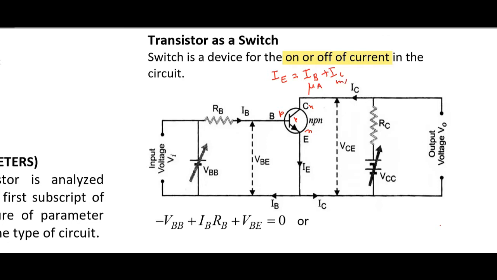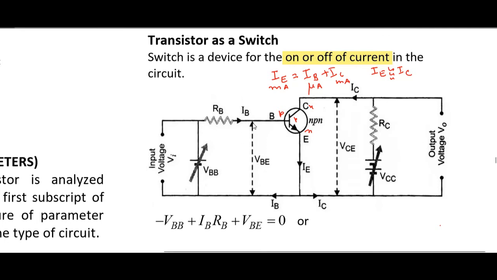The collector current is 1000 times stronger than the base current. The contribution of this base current is very small. So even if you put IE approximately equal to IC, it is not altogether an unimaginable assumption or approximation.